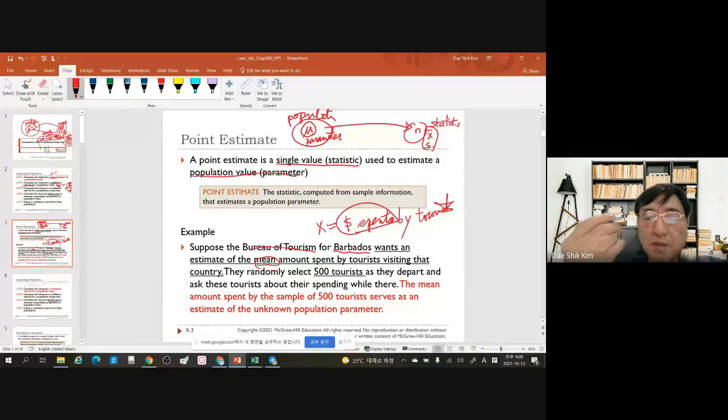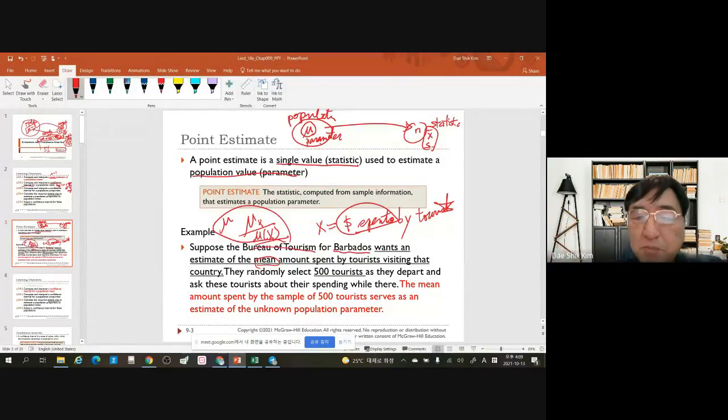The average is mu of x, or simply mu. The population parameter mu we do not know, so they randomly selected 500 tourists. The sample size is 500, and they measure x1, the first person, the second person, up to 500.